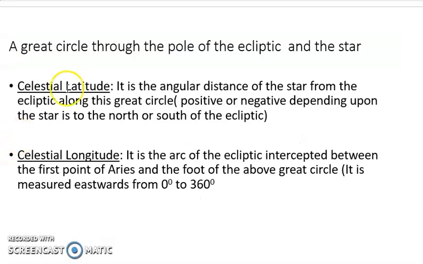We can define the celestial latitude as the angular distance of the star from the ecliptic along this great circle through the pole of the ecliptic and the star. It is positive if the star appears in the northern hemisphere and negative if the star appears in the southern hemisphere.